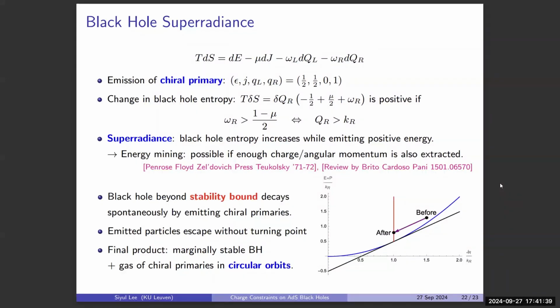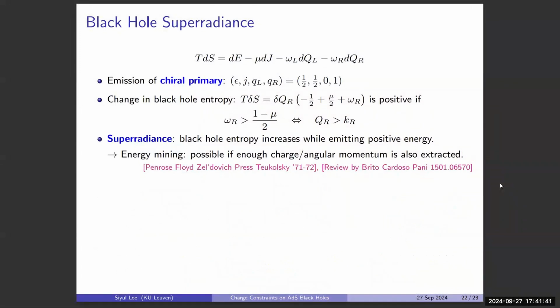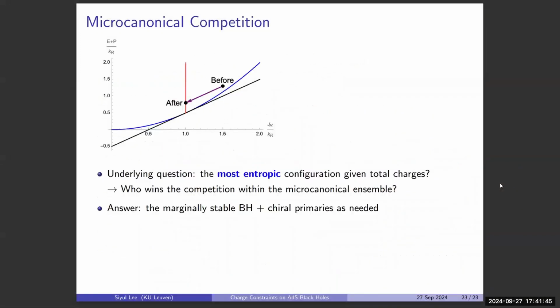And this is related to configurations away from the charge constraint, because the question of stability is about what is the most entropic configuration given the total charges. It's the competition that makes this all instability business. So the question is who wins the competition within the microcanonical ensemble with given total charges, and who is the most entropic.